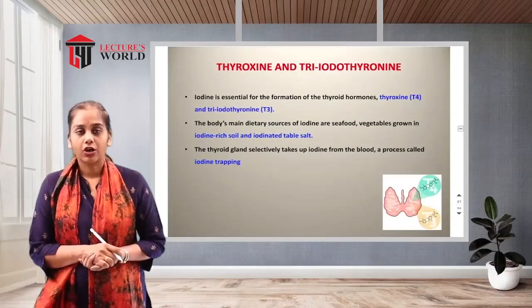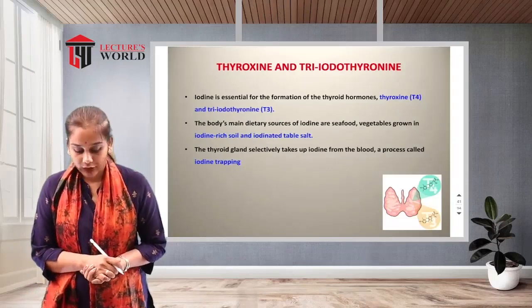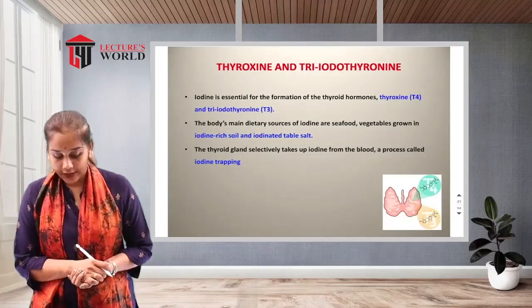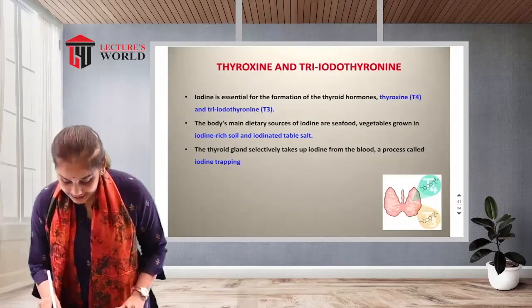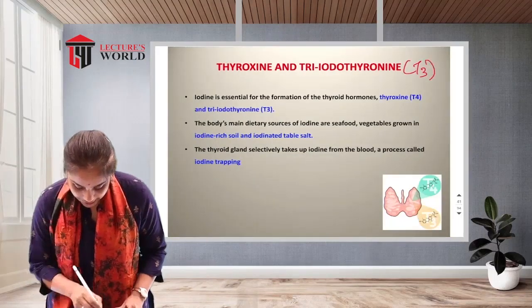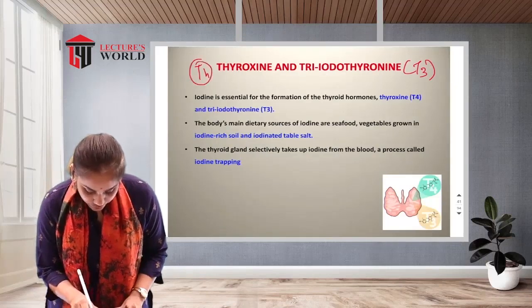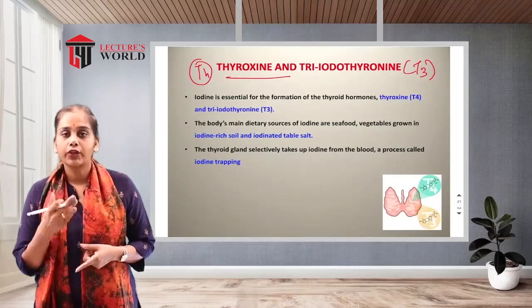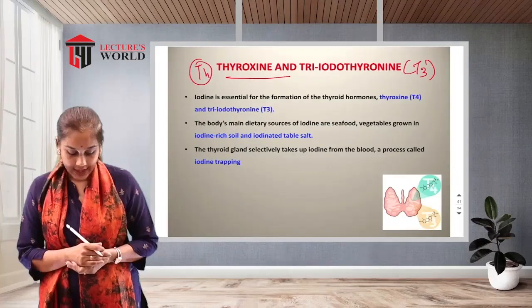Now we will see the hormones of the thyroid gland, known as T3 and T4. What is T3? Triiodothyronine. And this is T4, thyroxine. So T3 and T4 are both hormones of the thyroid gland.